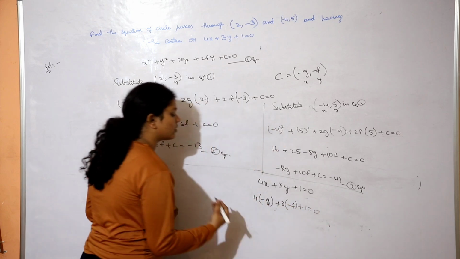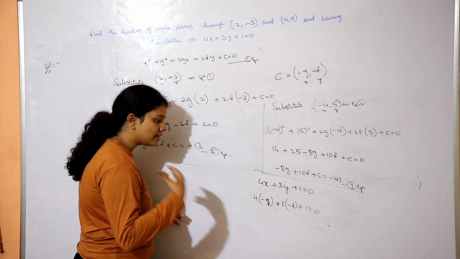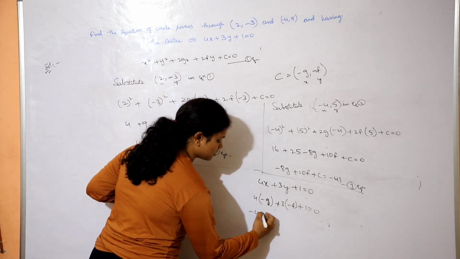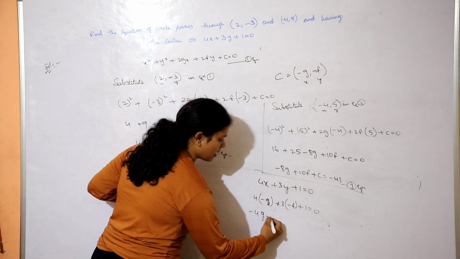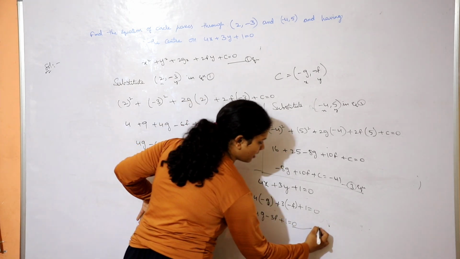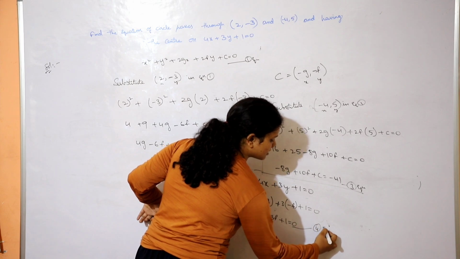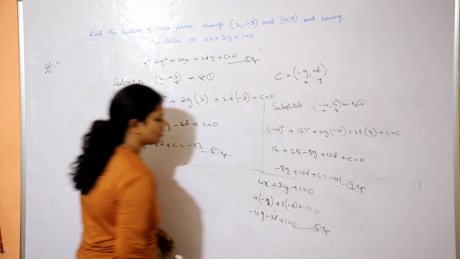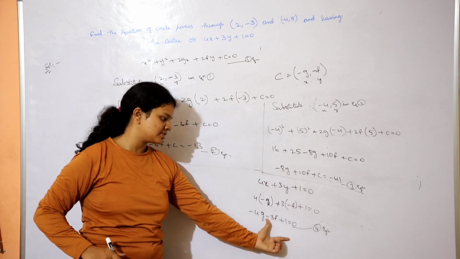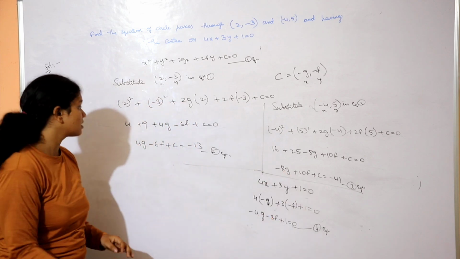Because I need to convert xy into g and f values. So this becomes minus 4g minus 3f plus 1 equal to 0. So this is the fourth equation that we got. This is the second equation, this is the third equation, and this is the fourth equation.